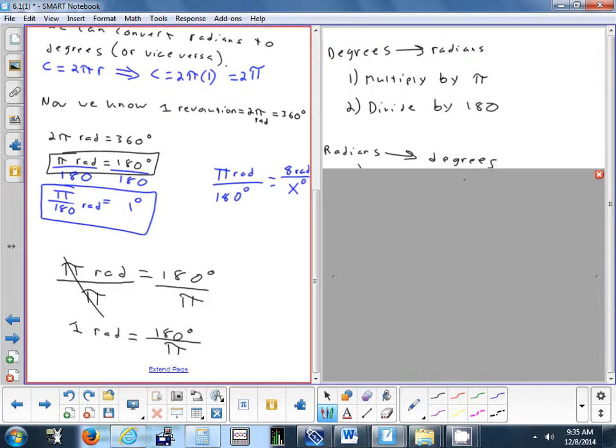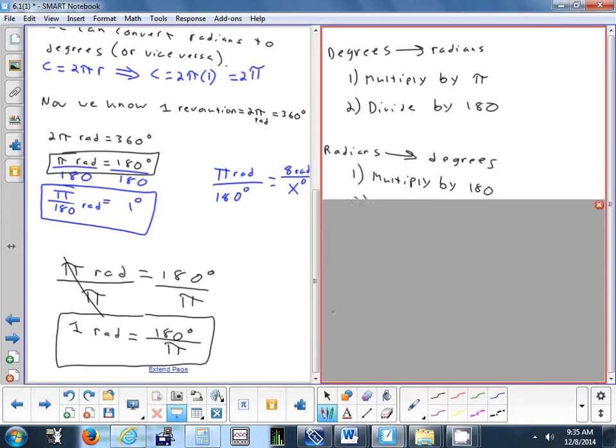So if you said, well, how many degrees in 5 radians? Just multiply each side of this equation by 5. 5 radians is 5 times 180 divided by pi. Multiply by 180, divide by pi. That's how you change a radian to a degree.